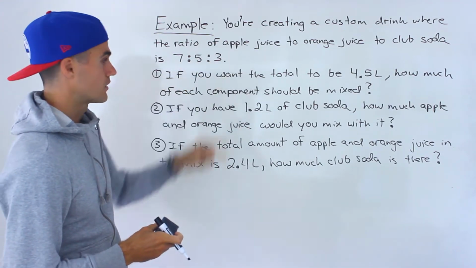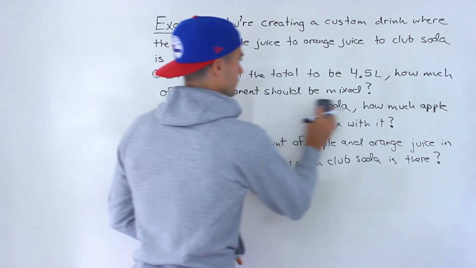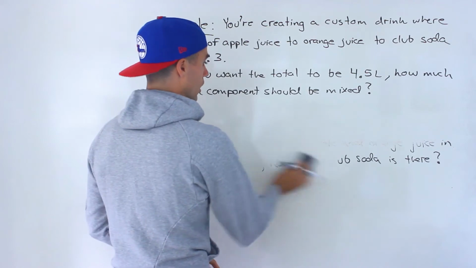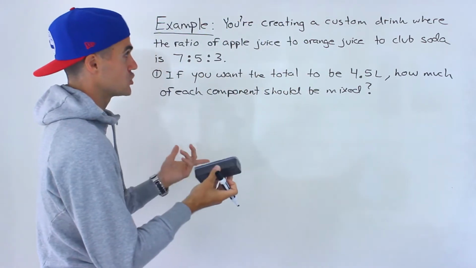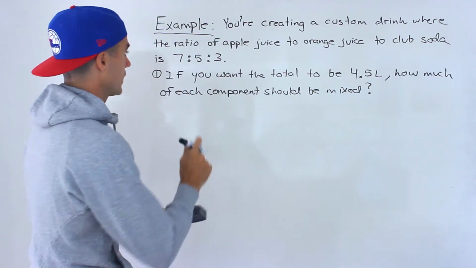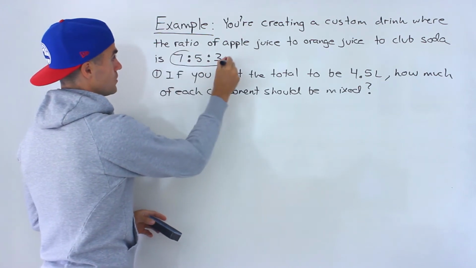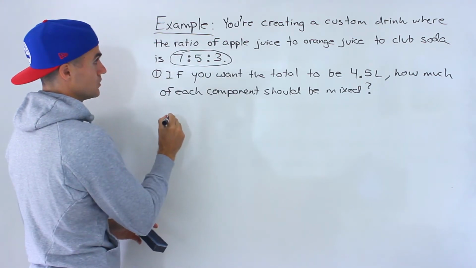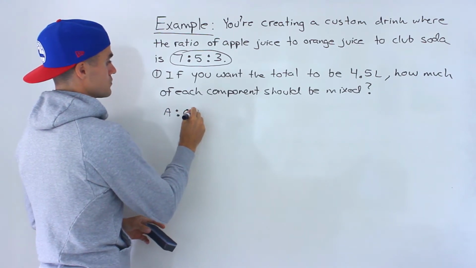So starting with number 1, we're told that the total of the drink is going to be 4.5 liters, and then how much of each of the 3 components should you mix? Now, before getting into the actual questions, I want to deal with this ratio a little bit. This is apple juice to orange juice to club soda.